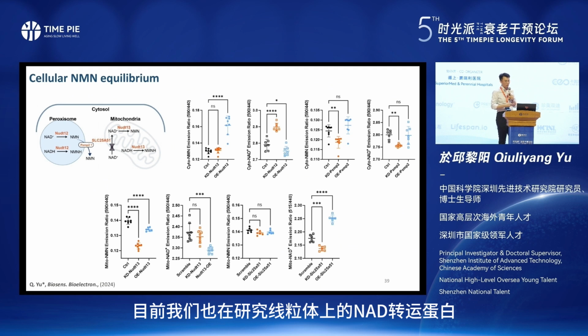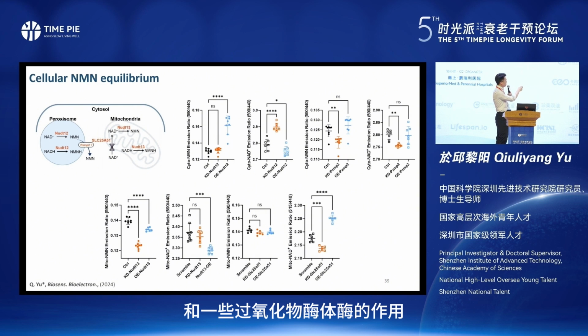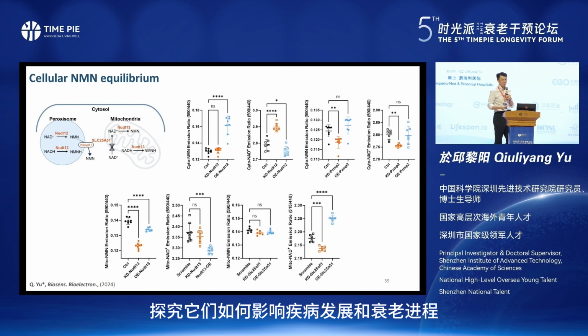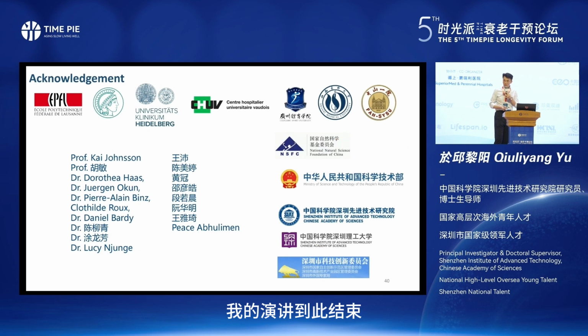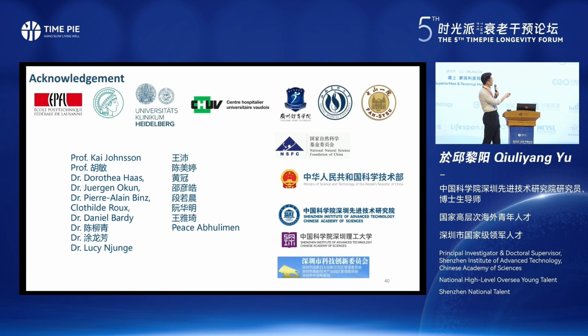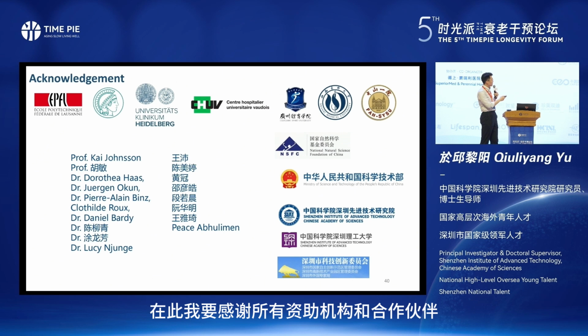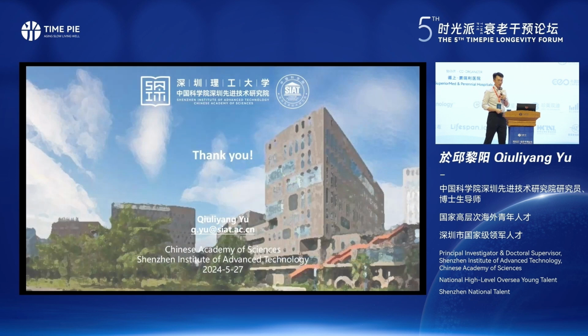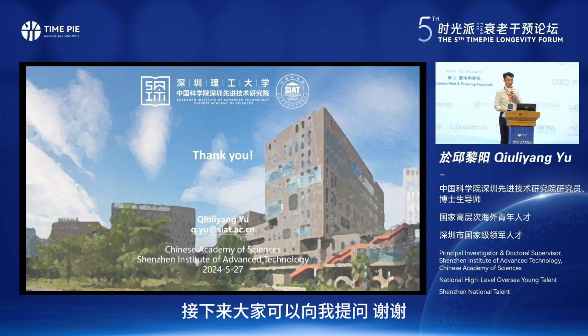Now we're looking into, for example, the role of NAD transporters on the mitochondria and also some of the peroxisome enzymes, to see how they can contribute to disease progression or the process of aging. So with this, I would like to close and thank all the funding agencies and our collaborators, and I'll be happy to take questions. Thank you.